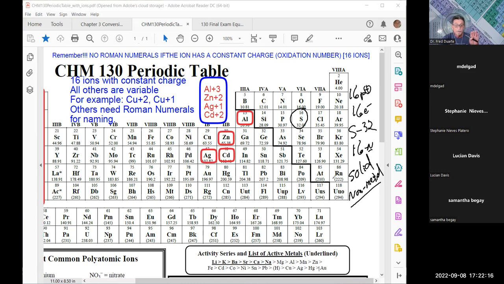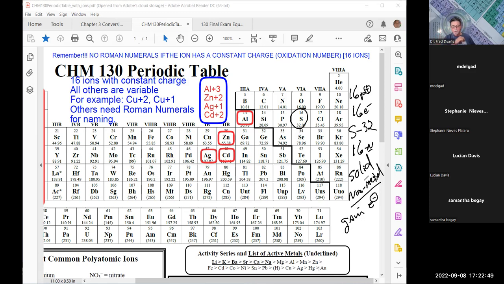Now, I also stated being a non-metal, does it have a tendency to gain or lose electrons? You remember what I said about that? Gain electrons, that is correct. Okay, so gain electrons.